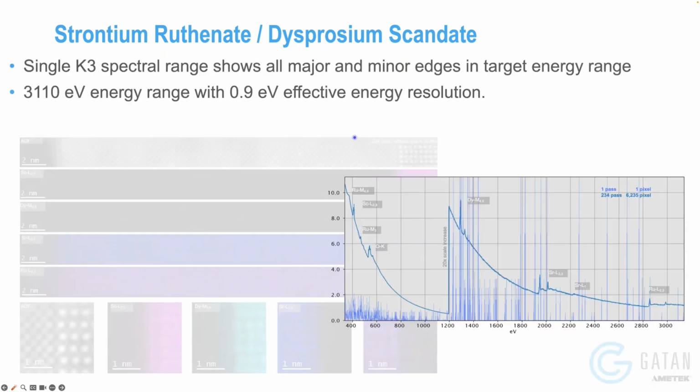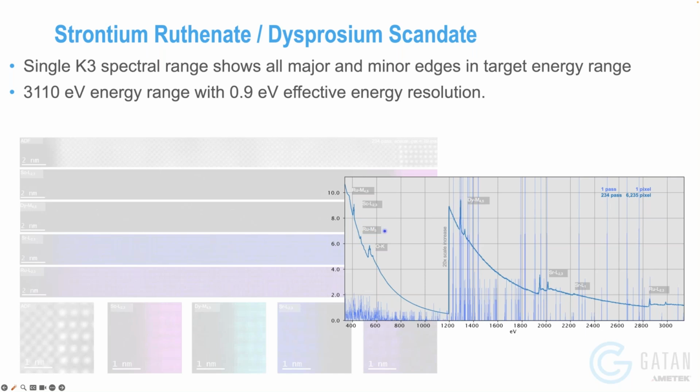What do the spectra look like? Okay, so we've got all the ionization edges, major and minor, in our target energy range. So ruthenium M45, scandium L23, ruthenium M3, and so on, all the way out to ruthenium L23. So 3110 eV energy range. This is a single spectral range.